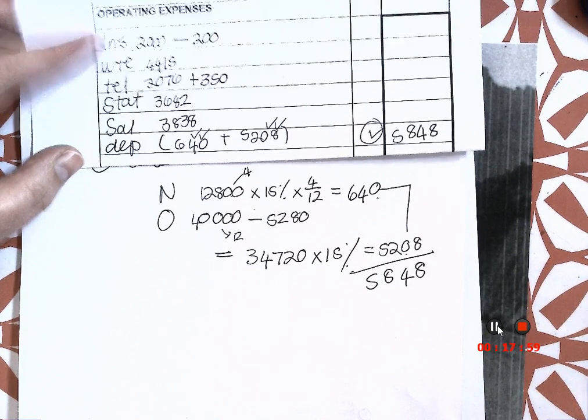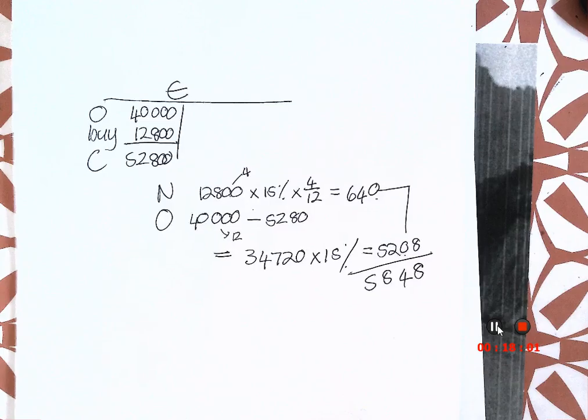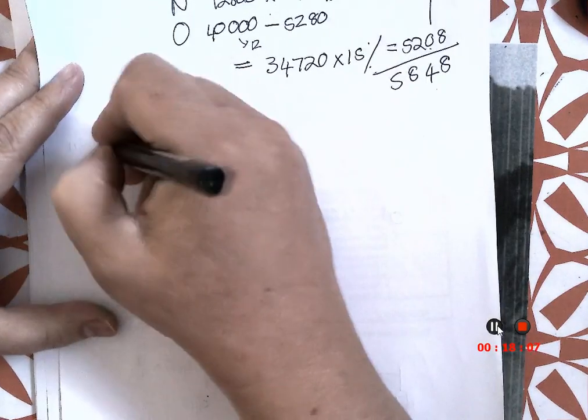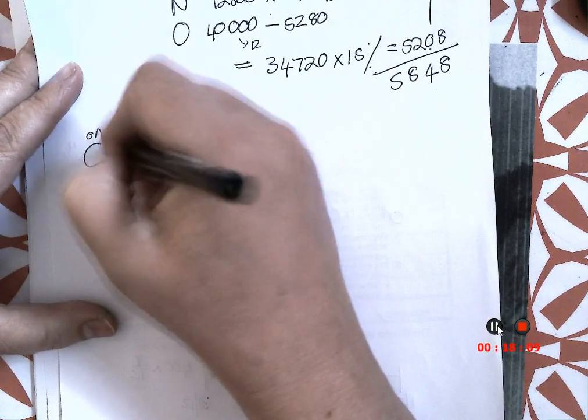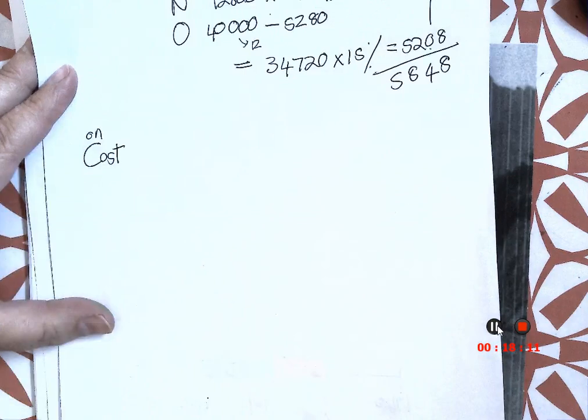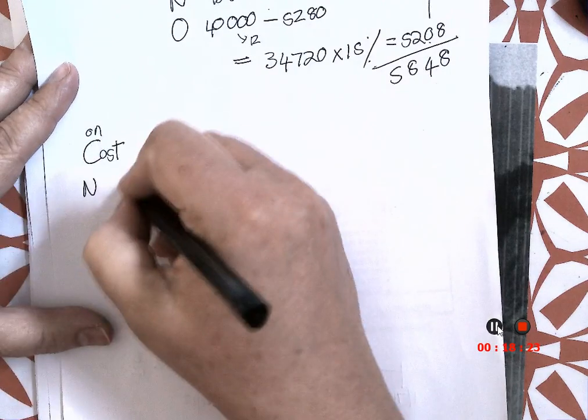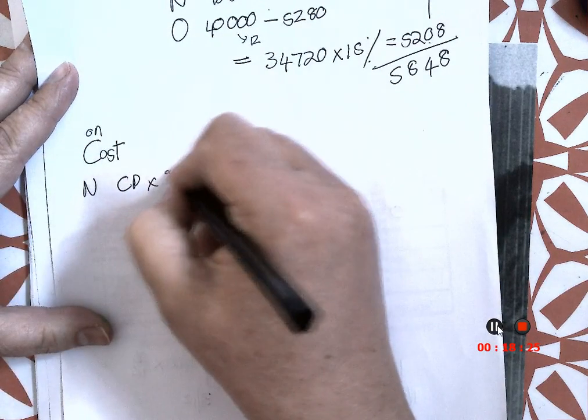So let's just quickly go through the 2 methods again. If it's the cost price method, if it's on cost, or if they say the straight line method, or the constant payment, or constant whatever, anything that says it stays the same, you're going to take the new one. You take the cost price, the percentage, the months.